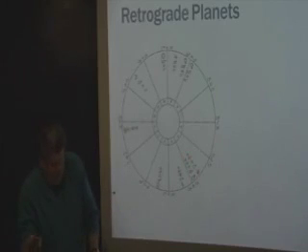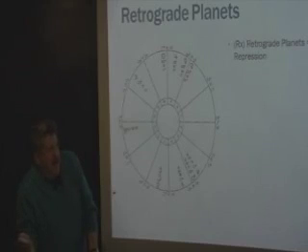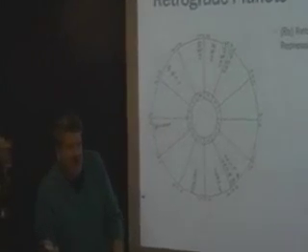Retrograde planets, Zane describes as repression. Something that is repressed is there, it's in existence, but it has a hard time expressing itself. So what I have discovered in looking at charts that have a lot of retrograde planets, these are individuals who, as they mature, continue to discover things about themselves.